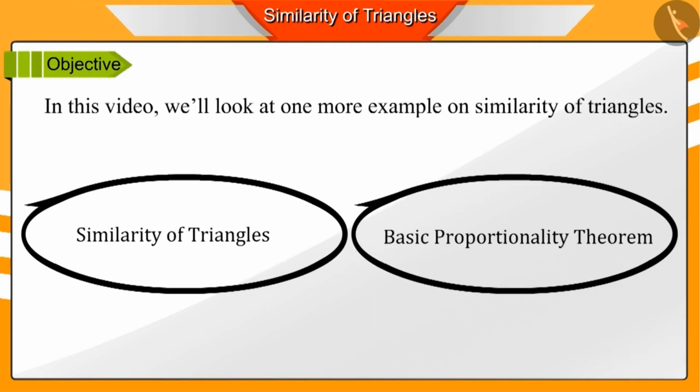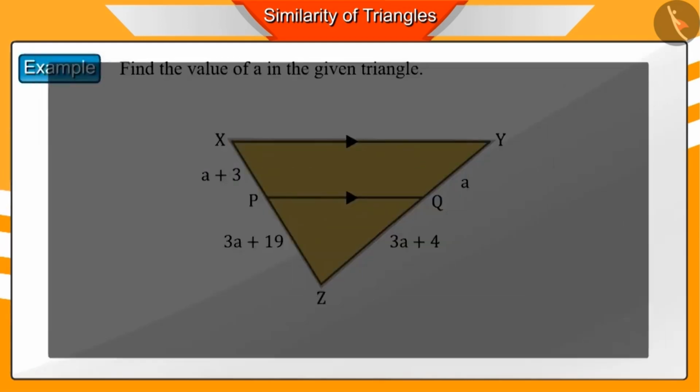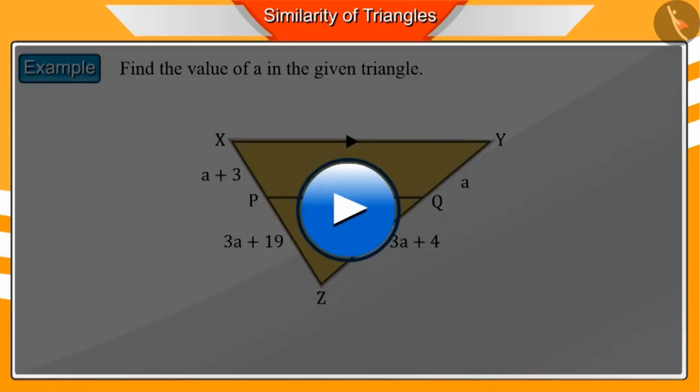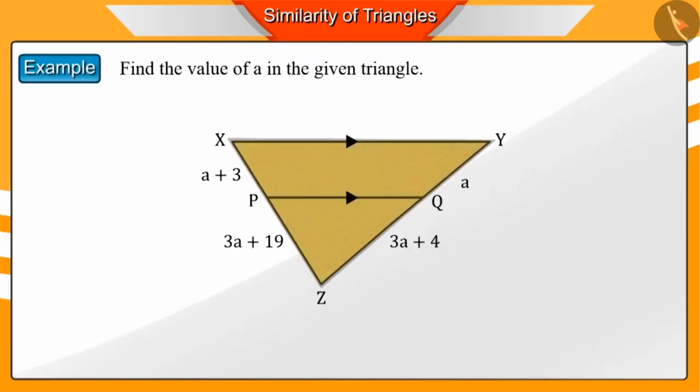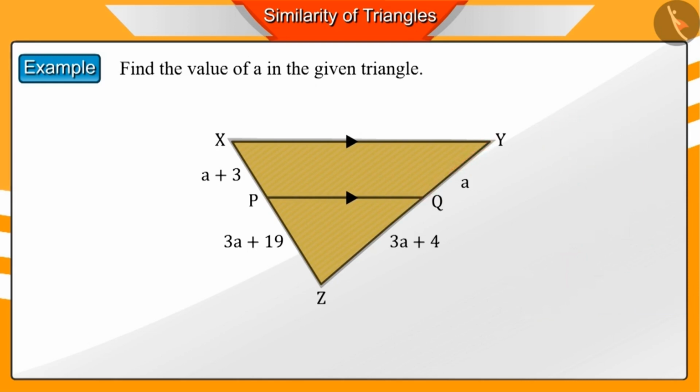In this video, we'll look at one more example on similarity of triangles. Find the value of A in the triangle XYZ. To solve this question, pause this video and match your answer. How can we find the value of A? You can see that the line PQ divides the sides XZ and YZ into two parts.